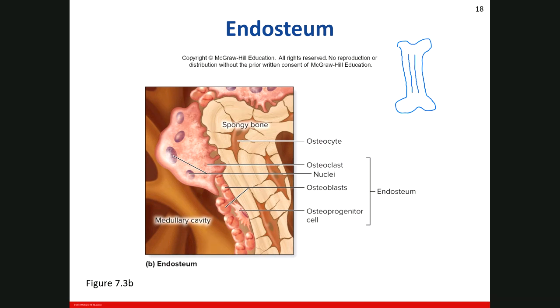And now this red layer, which you can see around the bone, is called periosteum. And the yellow layer, which you can see inside the cavity and covers the cavity, is called endosteum. And the endosteum is an incomplete layer of cells. You can see it in the picture, we have osteoclast, osteoblast, and osteoprogenitor in the endosteum.